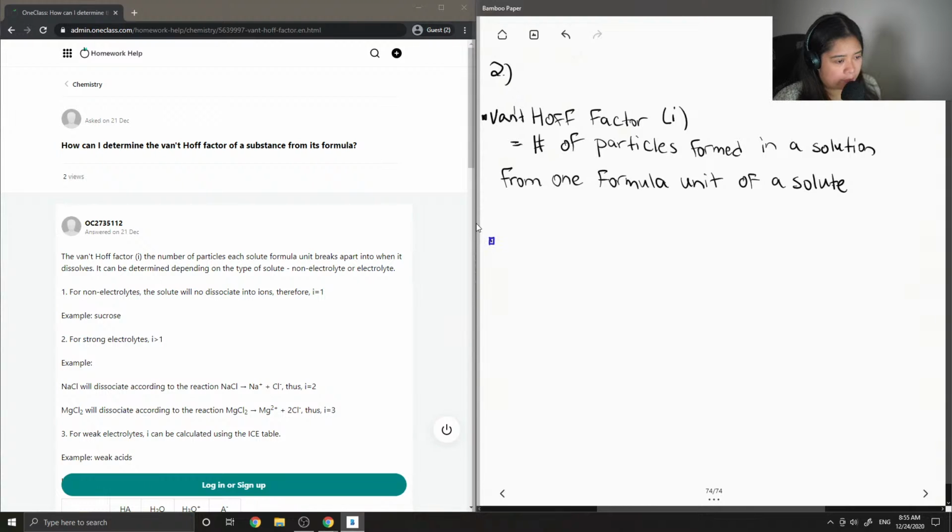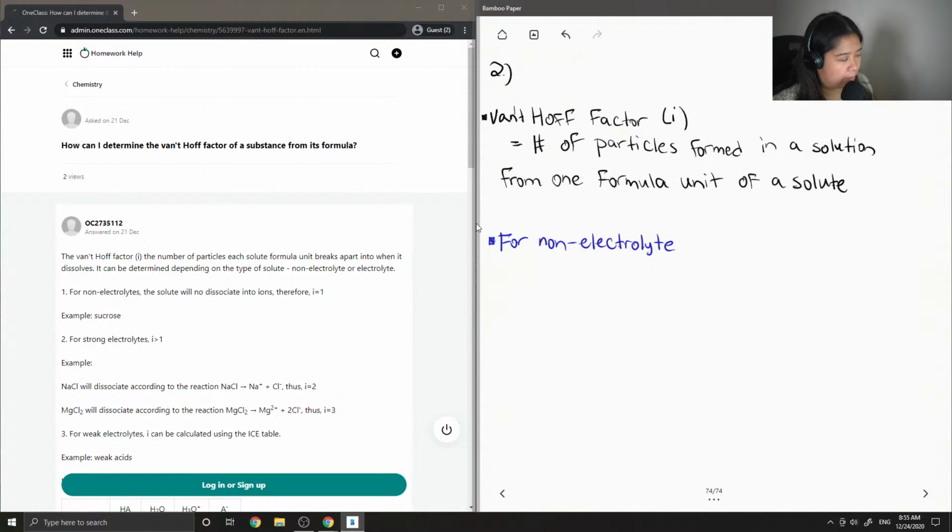So for example, for non-electrolytes, the solute doesn't separate into its ions.